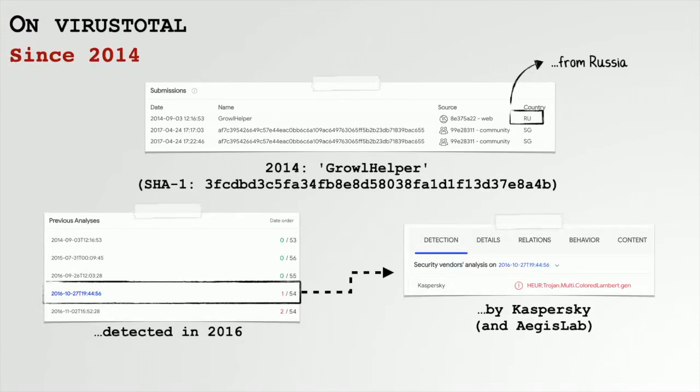What is there? So starting with just looking at the sample on VirusTotal, we can see that it was first submitted to VirusTotal from Russia in 2014 under the name Growl Helper. It was first detected in late 2016 by Kaspersky, and then about a month later by a security firm out of Taiwan, if I remember correctly.